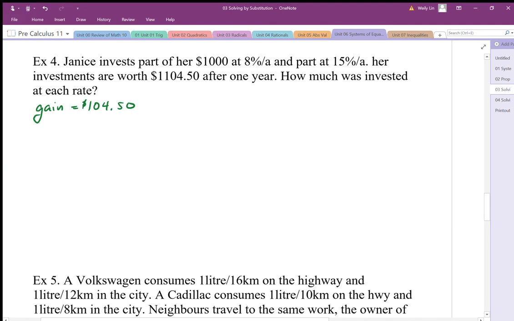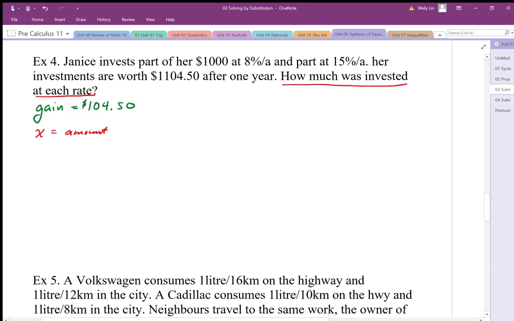So how do I set this up? Again, we're going to look at the very last sentence: how much was invested at each rate? That gives us an indication of how we set up our variables. I'm going to let x equal the amount invested at each rate.